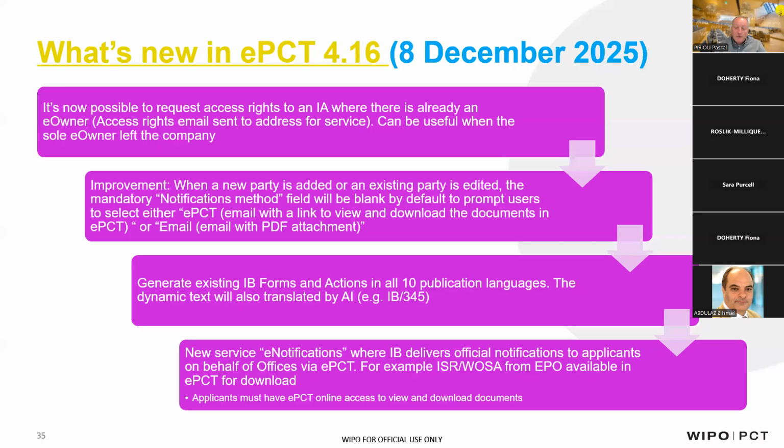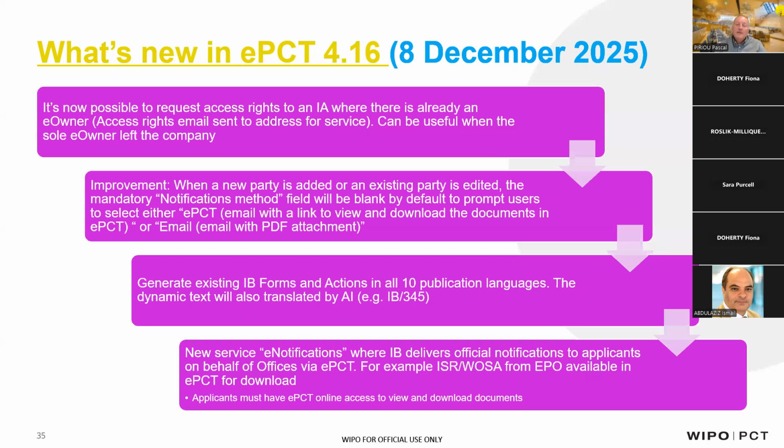And now the last one, which is quite important, we now have a new service, which is the e-notifications, where the International Bureau delivers official notifications to applicants on behalf of offices via ePCT. So what does it mean?